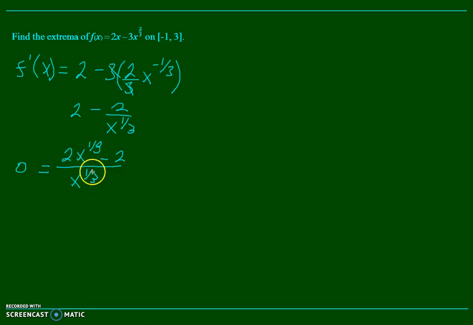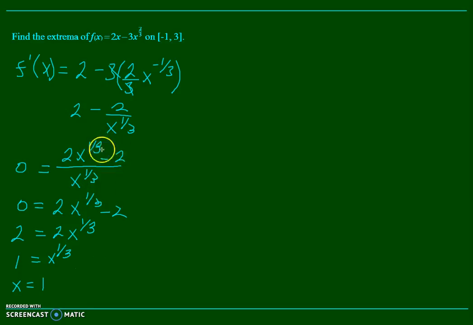Remember that the critical numbers of this function are where the derivative is either 0 or undefined, and so we're going to say this is 2 equals 2x to the 1/3 minus 2. Add the 2 to both sides. 2 equals 2x to the 1/3. Divide by 2. 1 equals x to the 1/3. And take the cube root of both sides, so x equals 1.